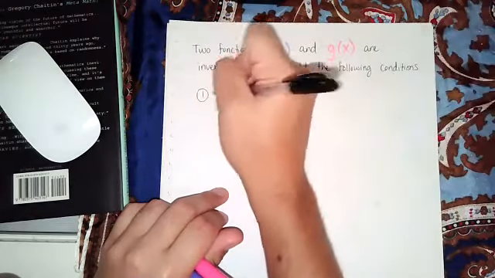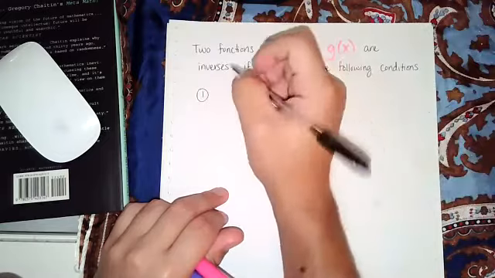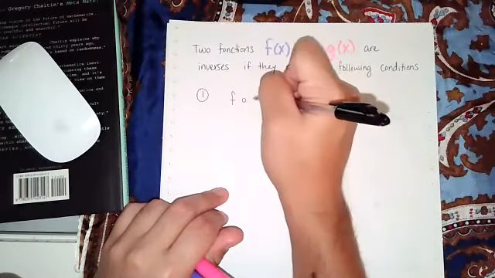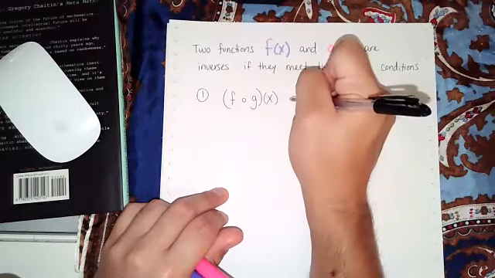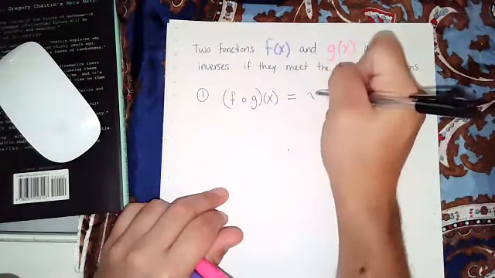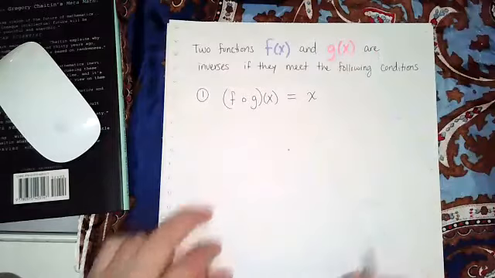So the first condition is that f composed with g of x is equal to x.